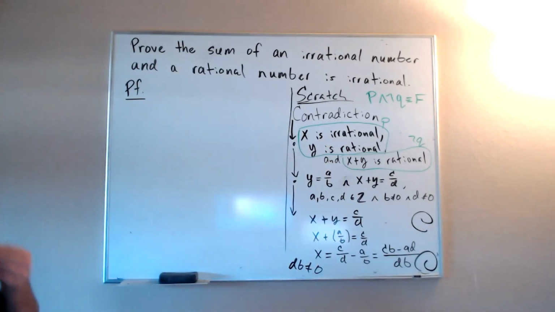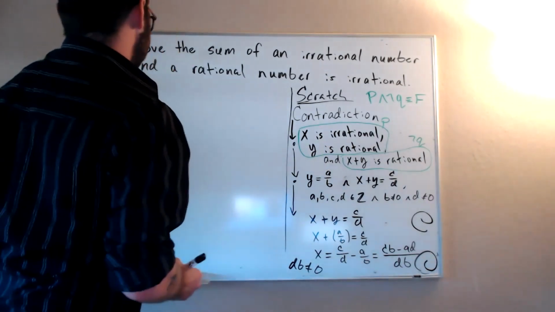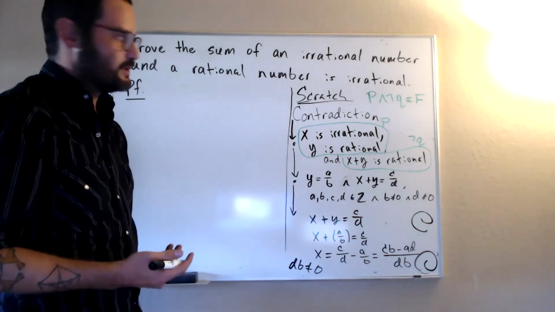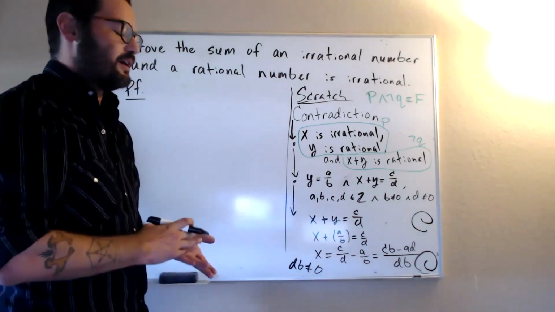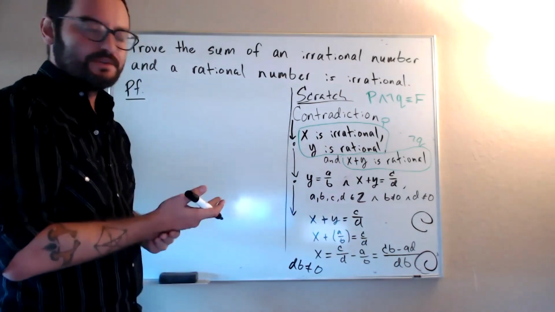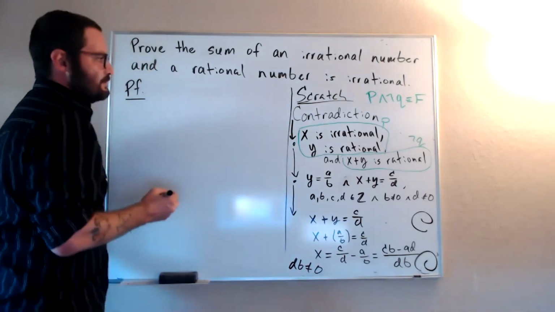So now we should piece this together into a formal proof. Whenever you're doing an indirect method like contrapositive or contradiction, you need to state to the reader on the first line that you're doing so, so that the reader understands the type of proof you're proceeding with.